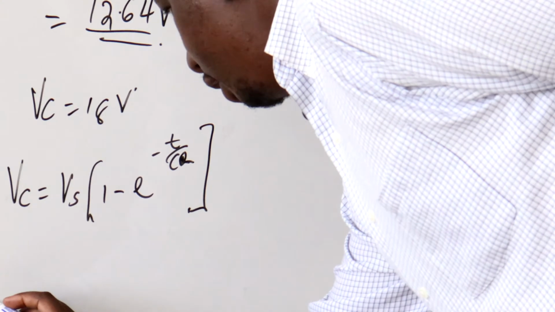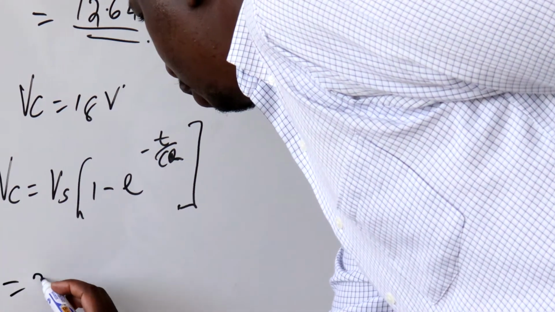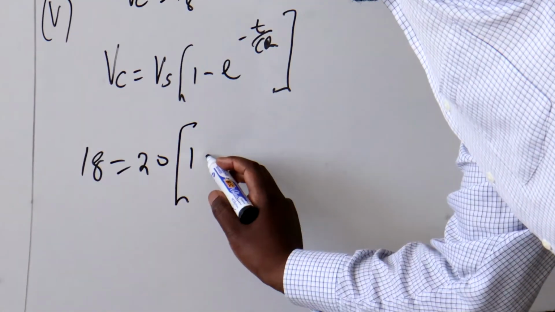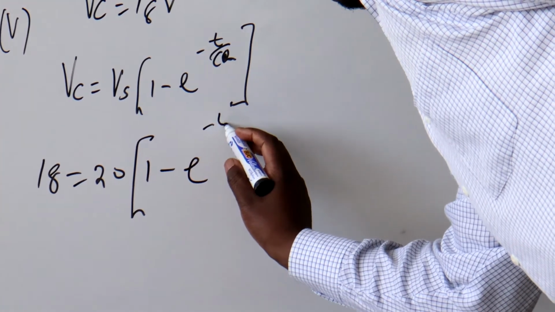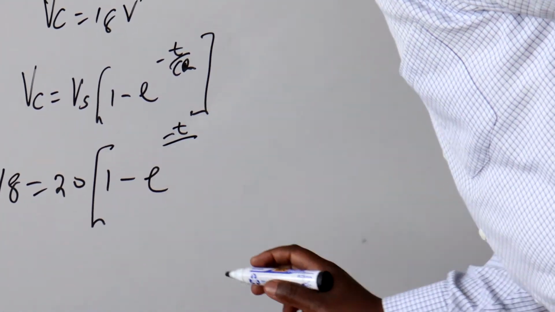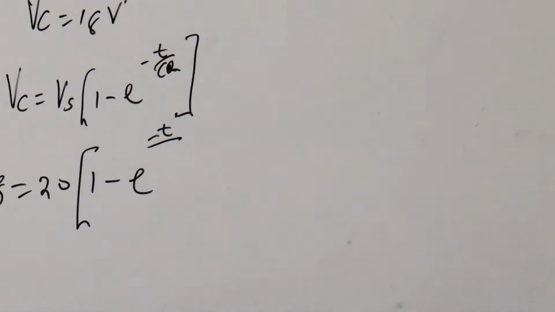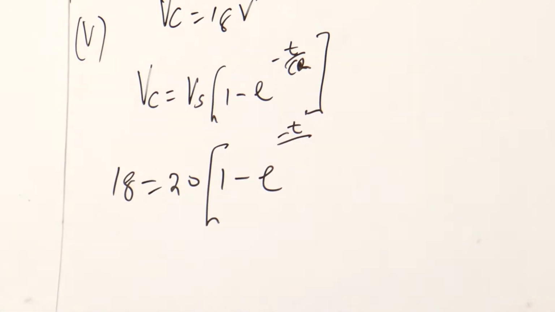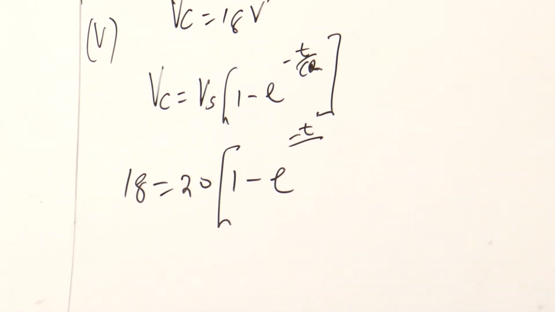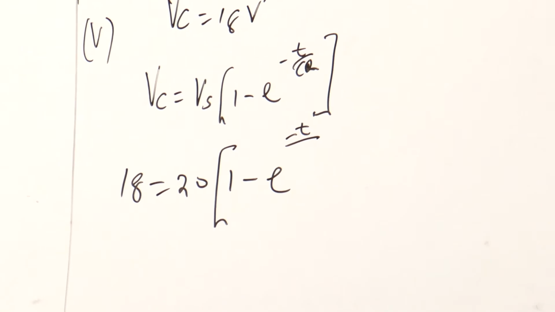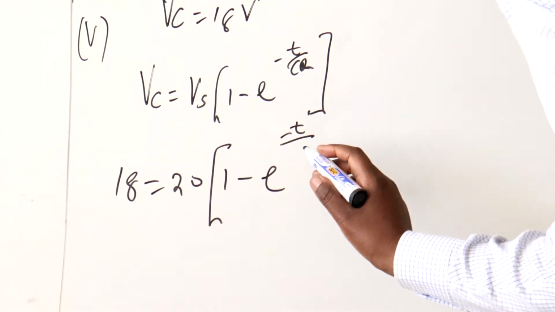So we shall have 18 volts is supposed to be 20 times (1 minus e to the minus t), and t is what we are looking for. But the time constant we have in our values is 0.4 seconds.